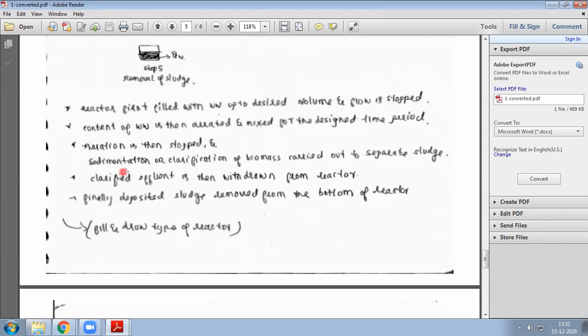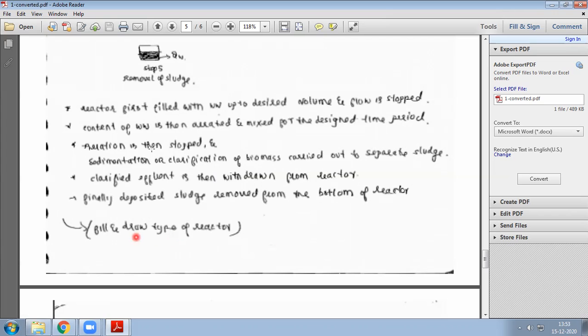Then they'll stop the aeration. After that, solids start settling out, right? So sedimentation or clarification of biomass is carried out to separate the sludge. Then the effluent they will withdraw from the reactor. And finally, deposited sludge is removed from the bottom of the reactor. In the bottom, sludge will be deposited, and they will remove it.